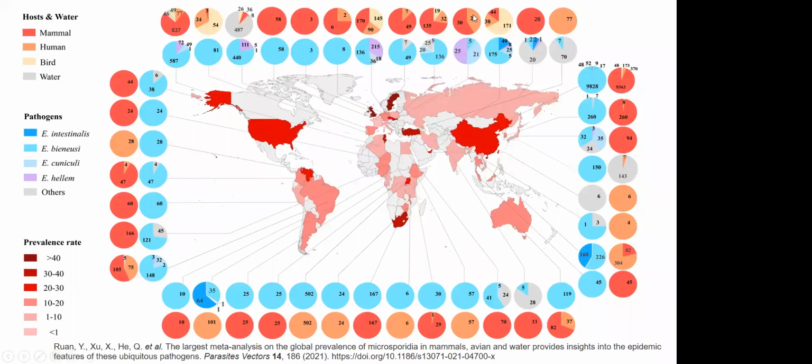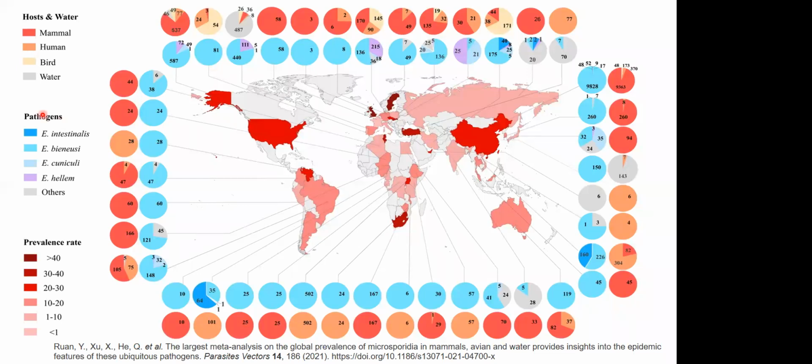Now, interestingly, if you look at South Africa, you'll see that there are quite a number of cases described in articles from South Africa, 167 actually, which is quite surprising. In fact, the highest number of any country on the African continent.